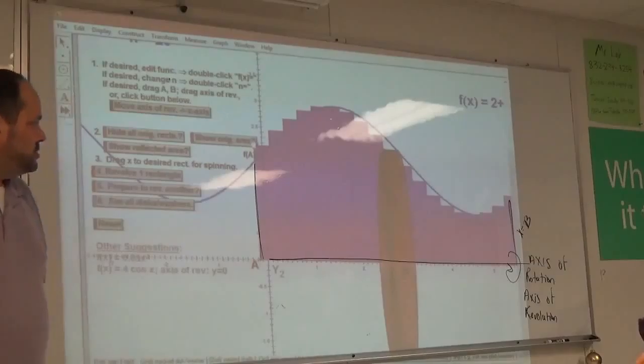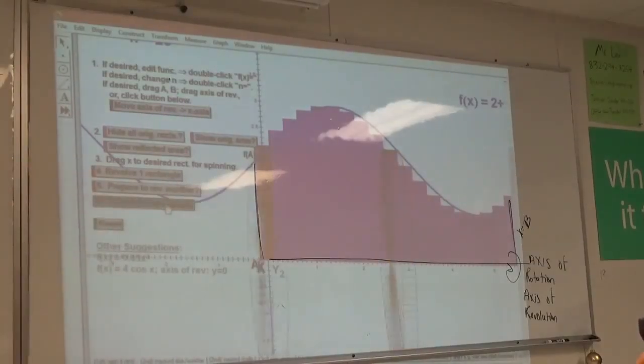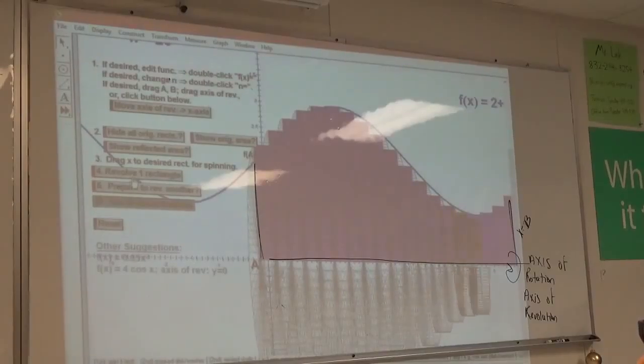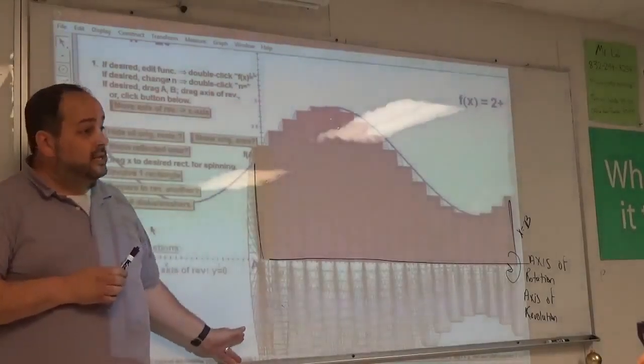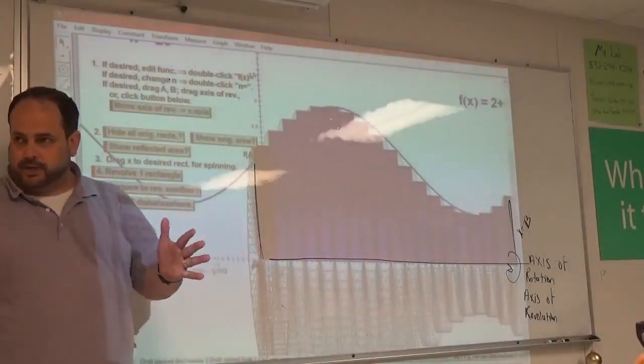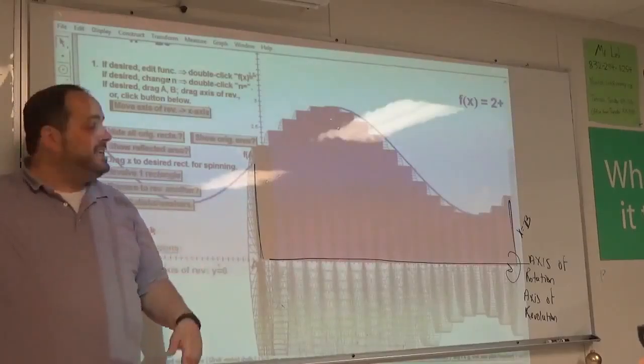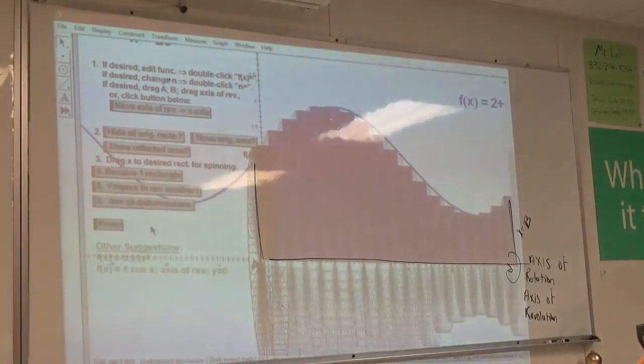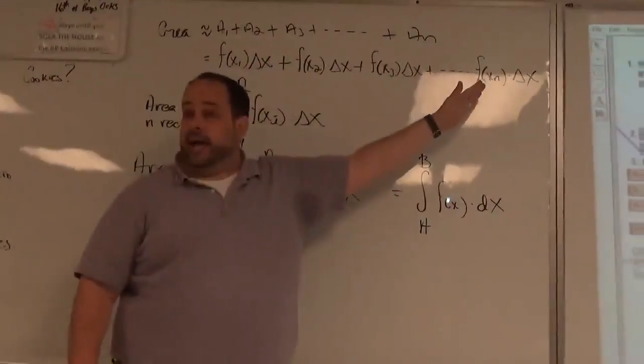Each one of those rectangles gets spun around the x-axis. Each one of those rectangles causes a cylinder to be formed. Big picture, we're okay? The idea is going to be the same. Just like Riemann said to find area, look at one little rectangle and add them all up.